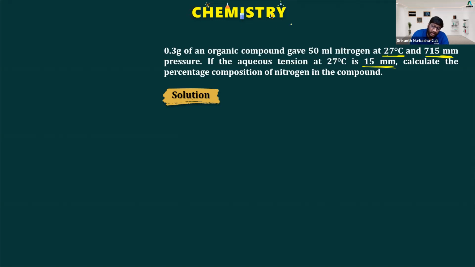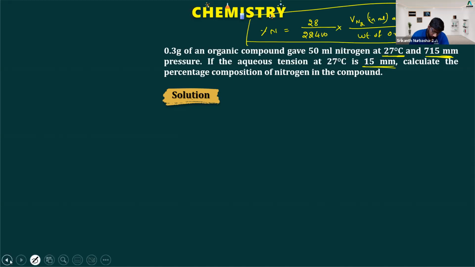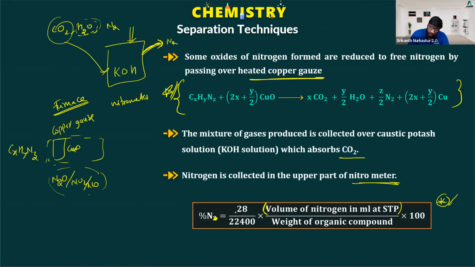What is the formula? Percentage of nitrogen is equal to 28 divided by 22,400, into volume of nitrogen in ml at STP, divided by weight of organic compound, into 100.